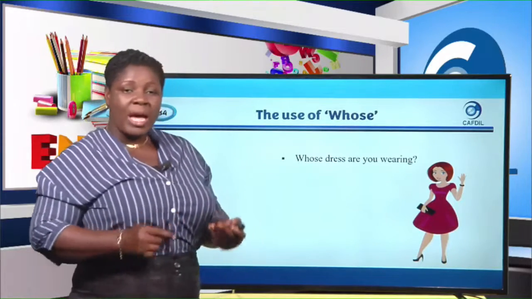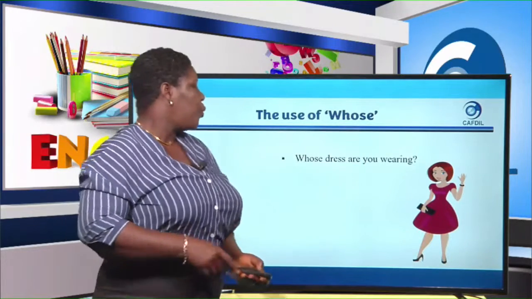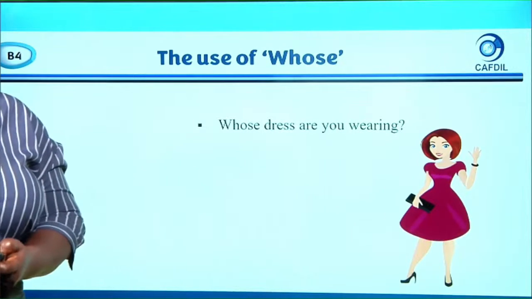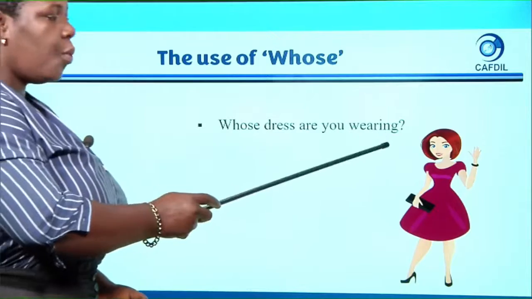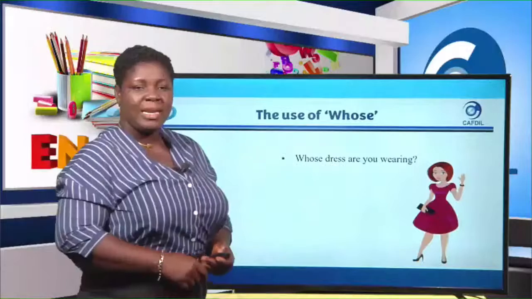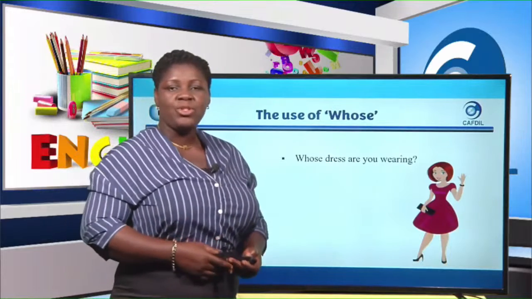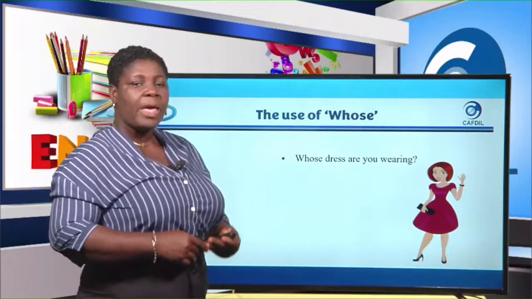So, to know who the dress is for, we use whose to ask such a question. We are asking about a person. So remember, whenever you want to use whose, it means you are asking for a person.